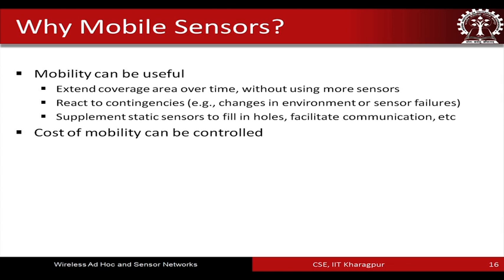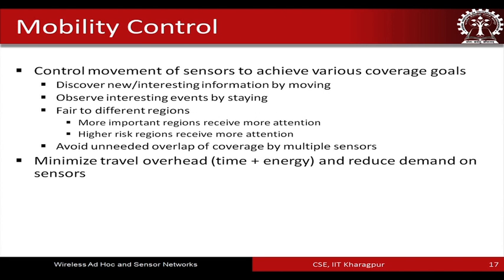So, the cost of mobility can be controlled in different ways. It is required to control the movement of the sensors to achieve various coverage goals.